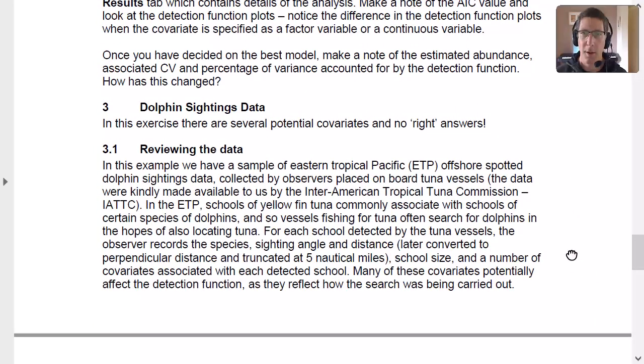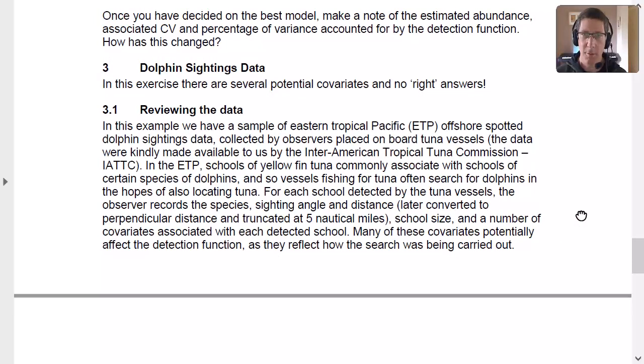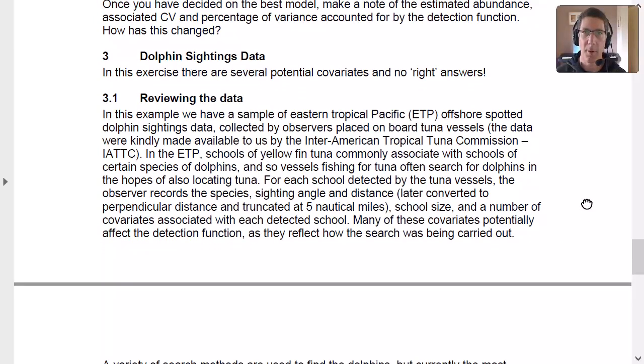The third data set is a real world data set collected from the Eastern Tropical Pacific from a ship, and they're on dolphins, spotted dolphins associated with tuna vessels. The ships are tuna catching vessels.